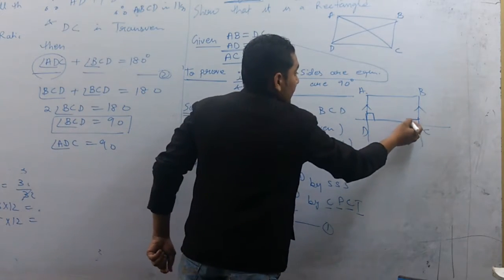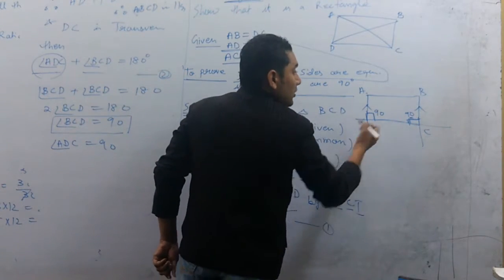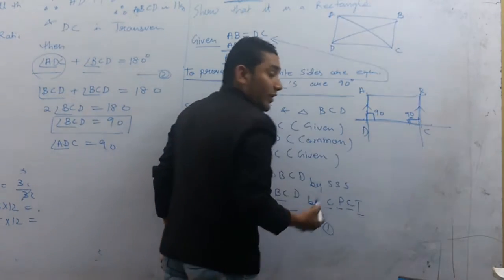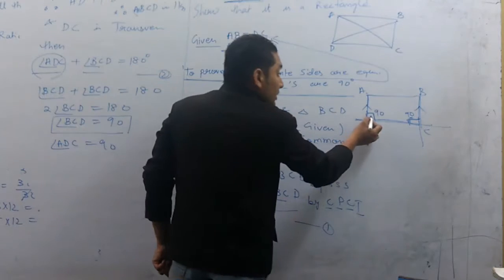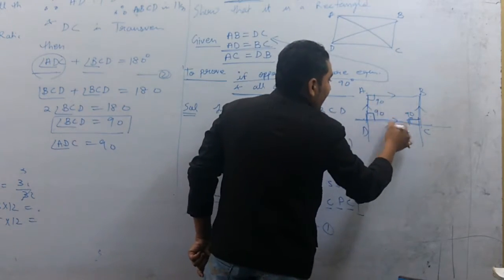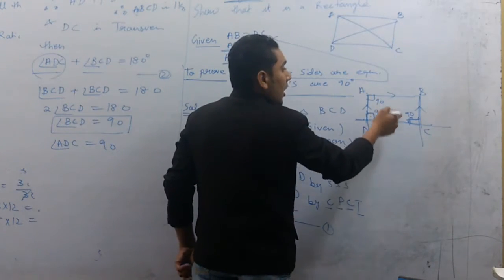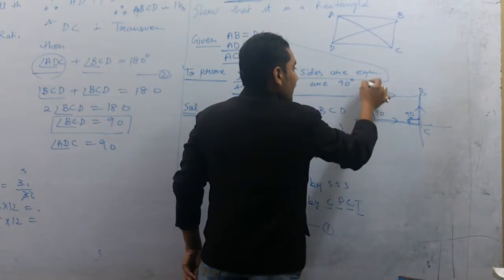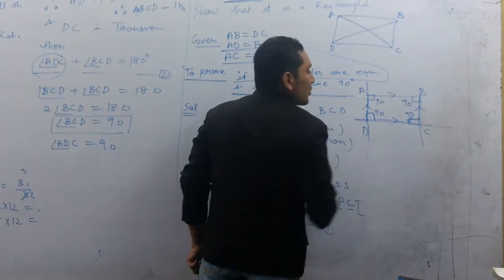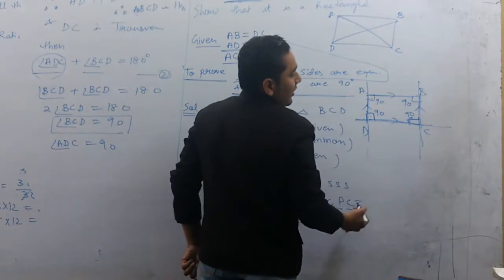Then see here, this angle we proved 90. If this is 90, then this is also 90 because this and this are parallel and this is a transversal. If this is 90, this is also 90 because ABCD is a parallelogram, so this and this are parallel and this is a transversal.